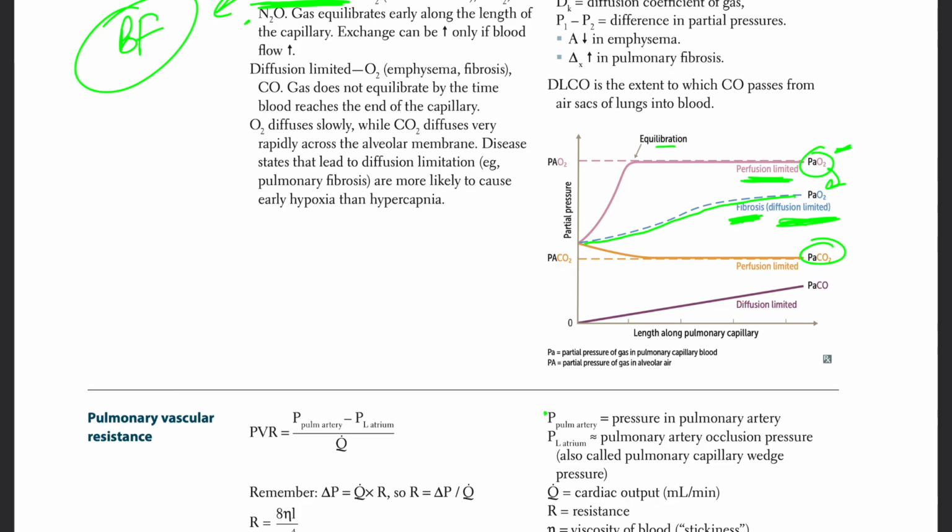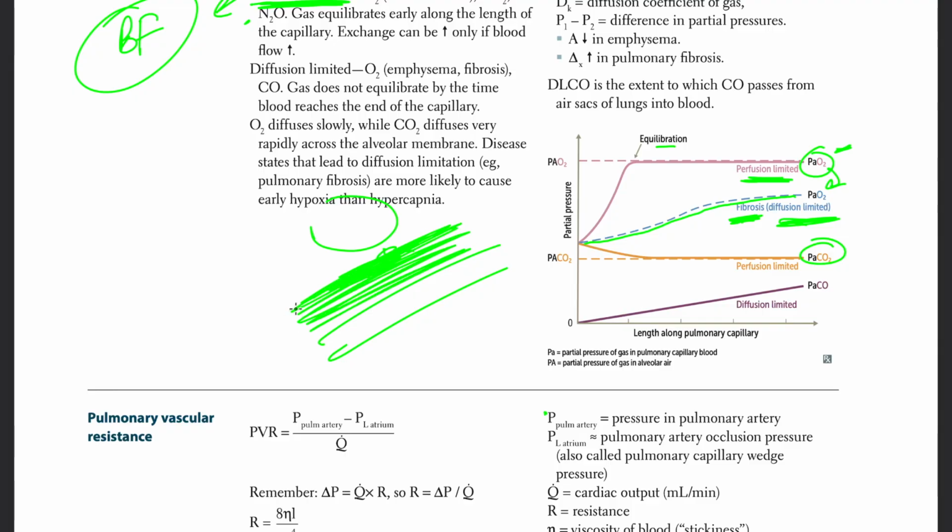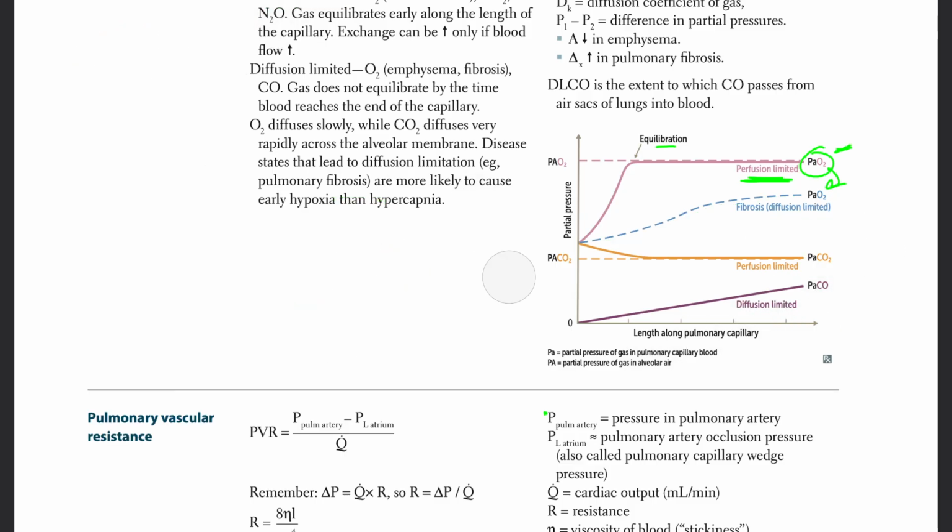Basically, if this is the alveoli and this is the blood, there is fibrosis here, so oxygen cannot go into the blood. These are RBCs here. So this is what we have in diffusion limitation. And carbon monoxide follows the diffusion limitation curve. This is also high yield, and we will see how in the coming pages.